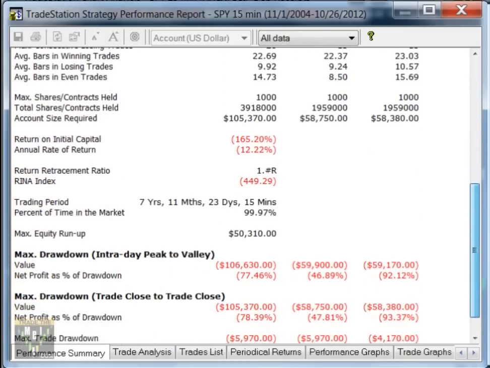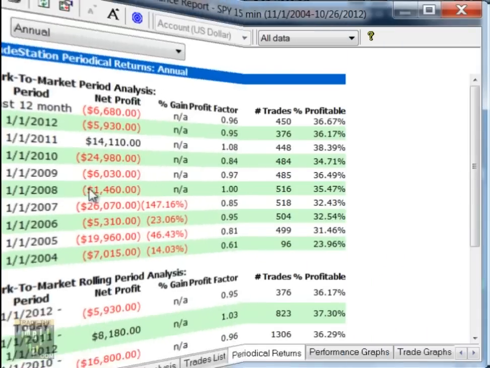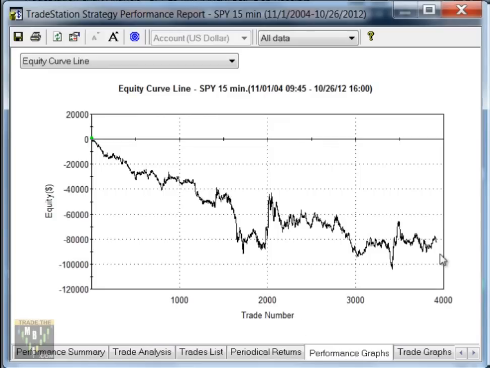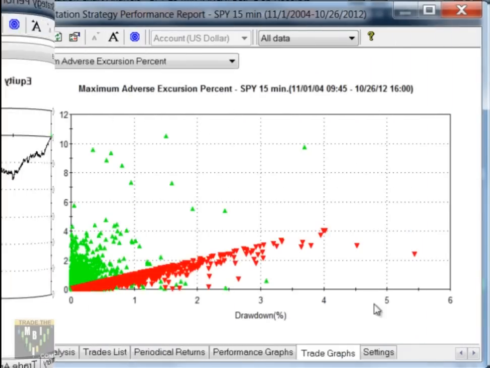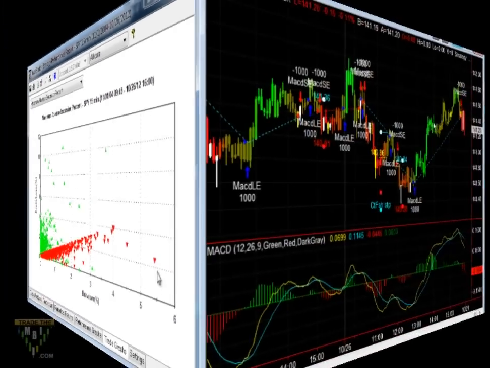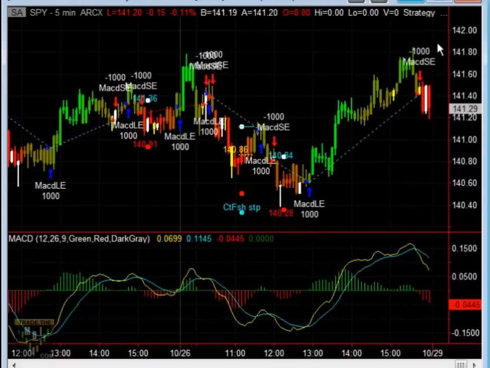You look at that RINA index, you're negative almost 450. That is going to be one of the worst systems I've seen in some time from an intraday standpoint. It's a pure money loser every year, and that equity graph pretty much depicts it very clearly, as well as your adverse excursion. There's 4 or 5% drawdown in that, but from an intraday standpoint, that'll kill you.